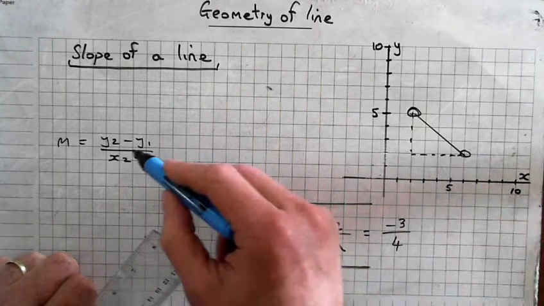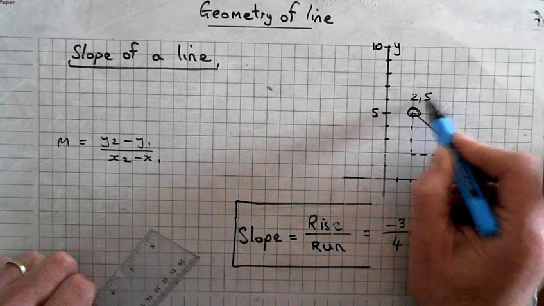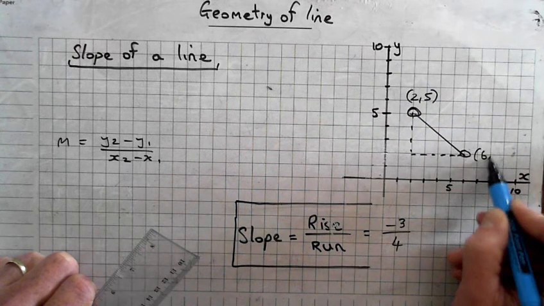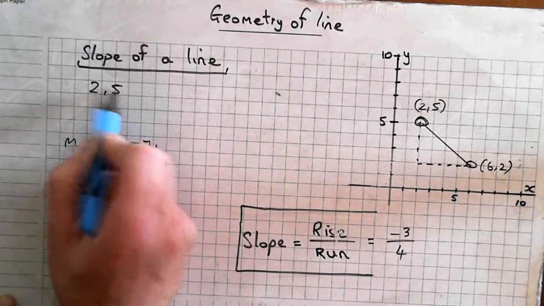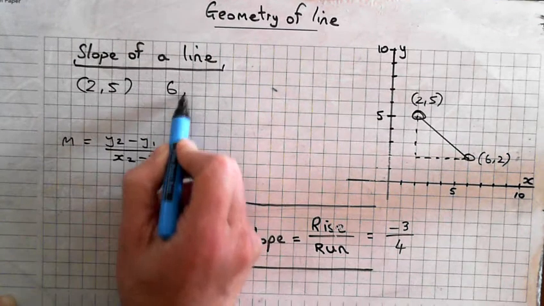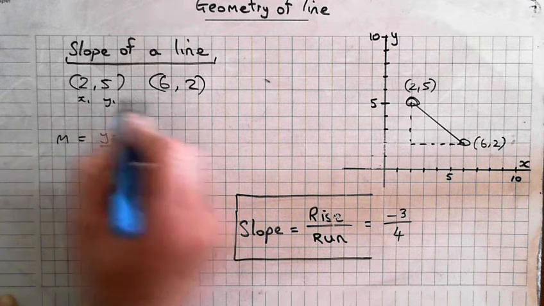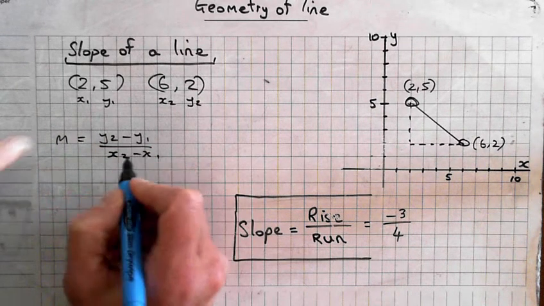To do it the mathematical way, we have the points 2, 5 and 6, 2. Label them x1, y1, x2, y2, and fill in the slope formula.